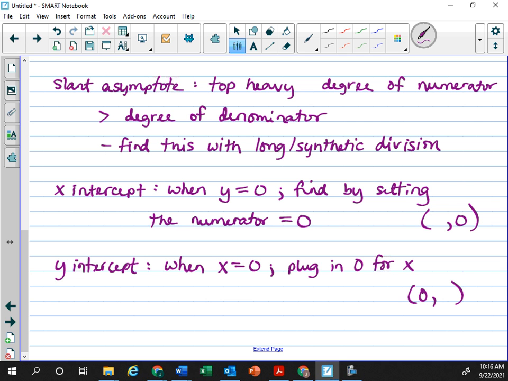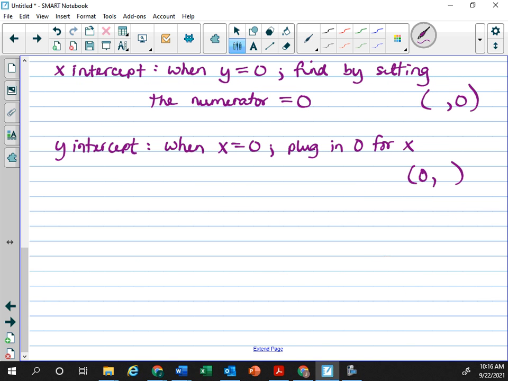And your ordered pair there would be 0, comma, something. Guys, any questions so far on everything you have to show in the graph? We're going to do a bunch of graphs.